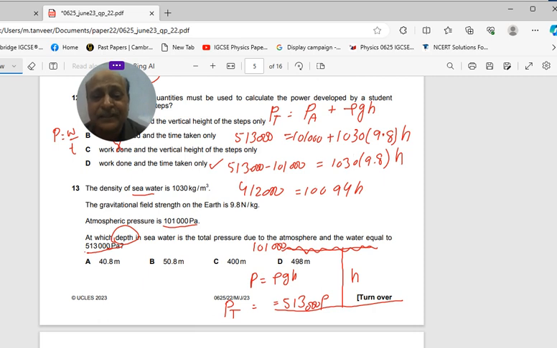You may be astonished that sir is not using a calculator, he just writes the answer. The reason is that about 30 minutes ago I took a class and solved this, so all this calculation is written on the page.